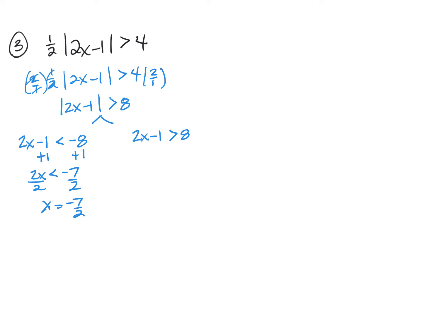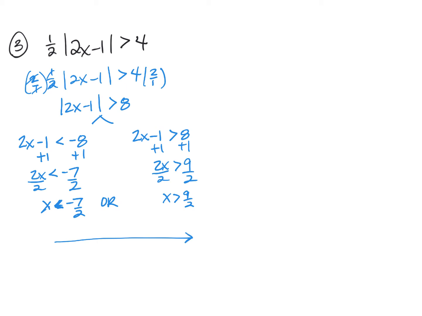Okay, or, over here, I'm going to add 1, so I have 2x is greater than 9, divide by 2, x is greater than 9 halves. So, x is less than negative 7 halves, or x is greater than positive 9 halves.